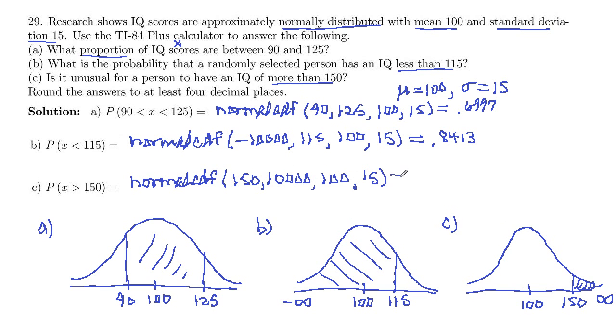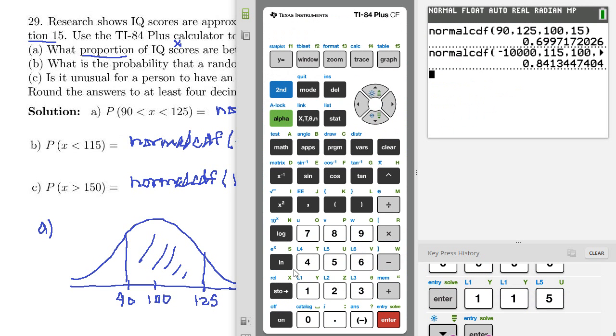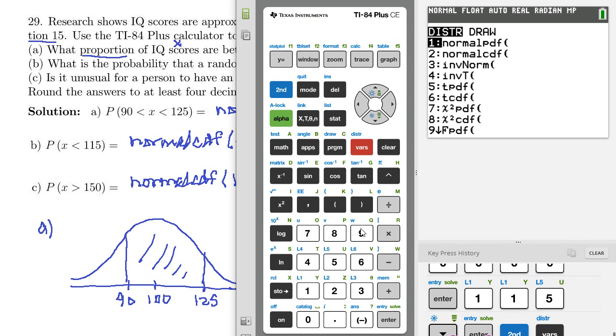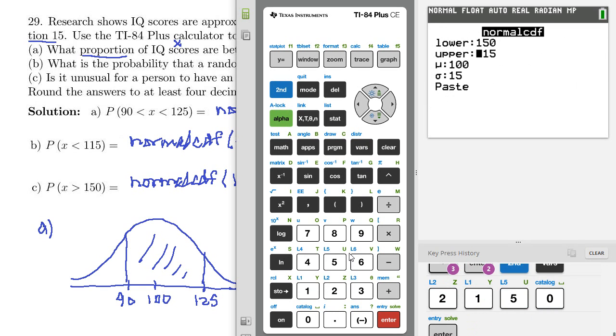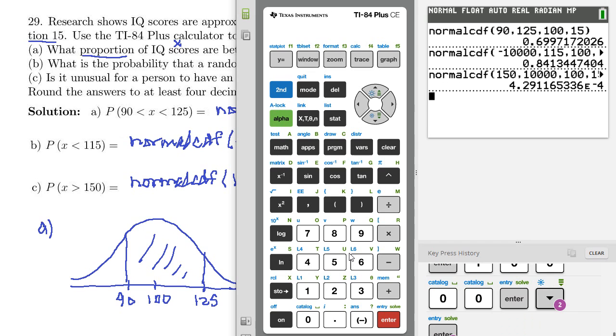Go to the calculator. Second variables. Normal CDF is 2. Let's see, our lower was 150, our upper 10,000, and mean and standard deviation the same. 4.29 times 10 to the negative fourth. That's what the E means, times 10 to a power.